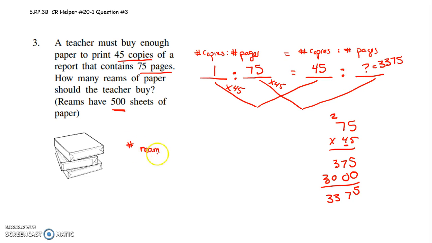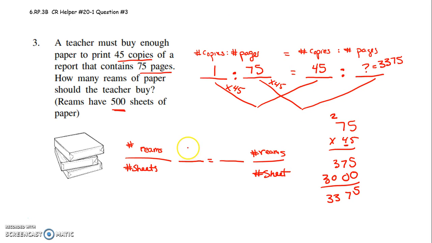Number of reams over number of sheets. So we know, oops, I want to set it up as a fraction. And then over on this side, number of reams to number of sheets.